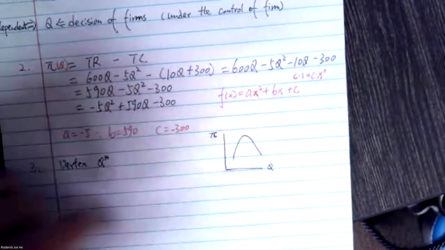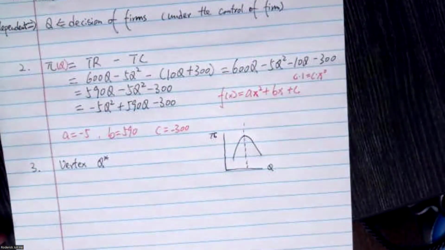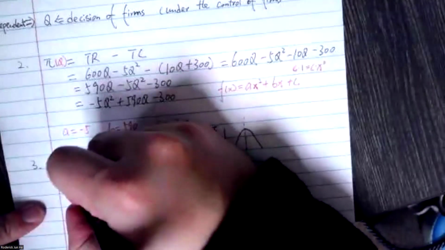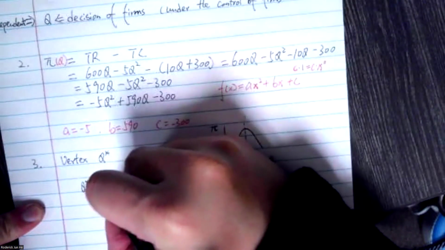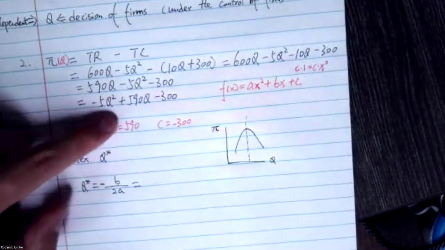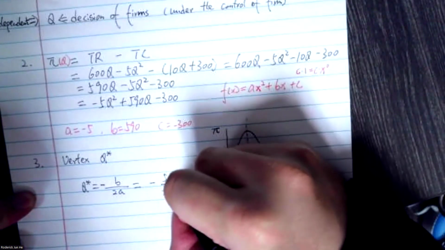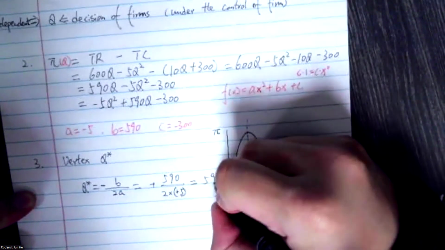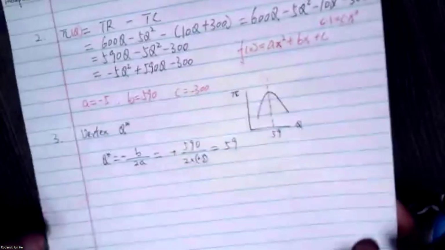And then we are here to find the symmetry axis, which is the vertex. The formula for the vertex is minus b over 2a, and here we just plug in those numbers. So it's minus 590 over 2 by minus 5. The 2 minus signs get canceled, and the result is 59. So when Q equals 59, the profit is maximized.